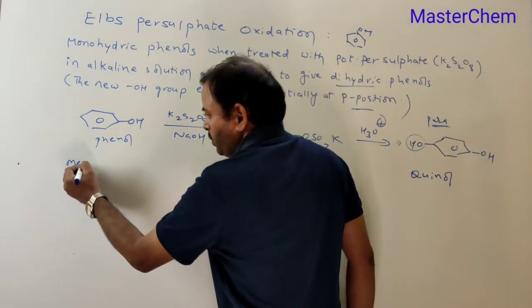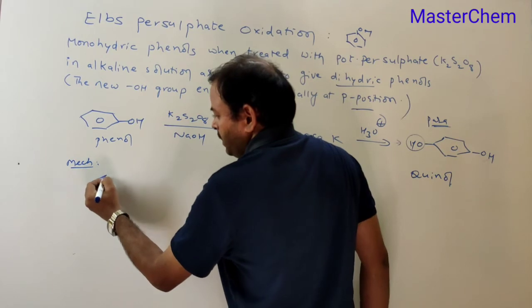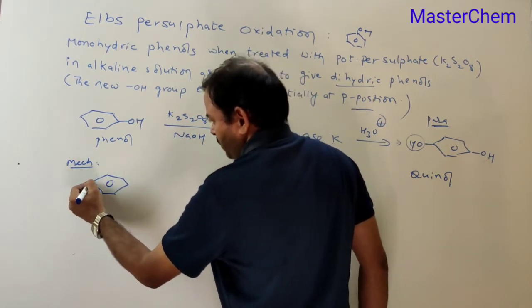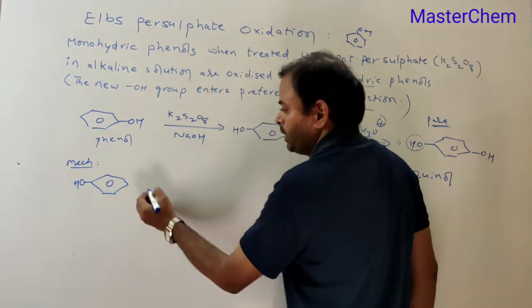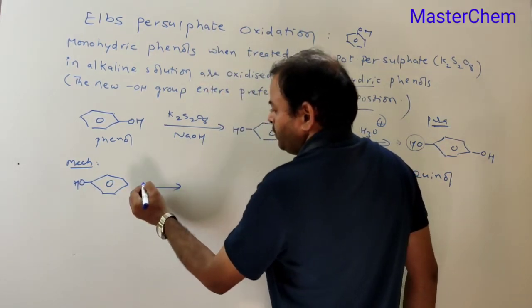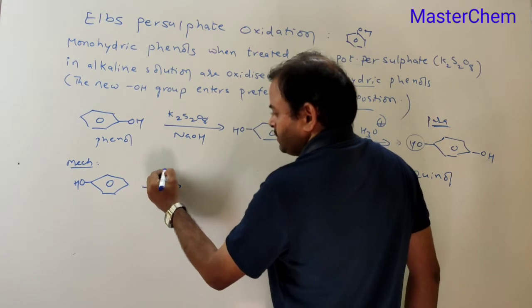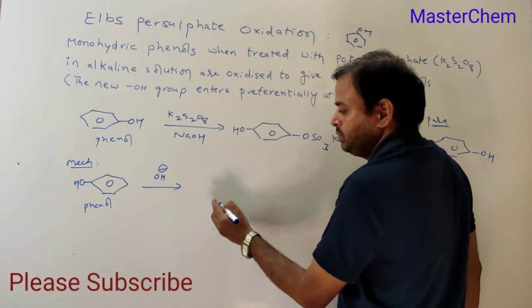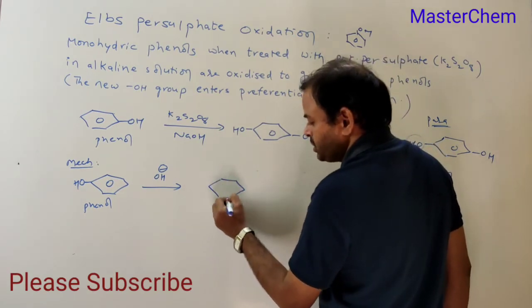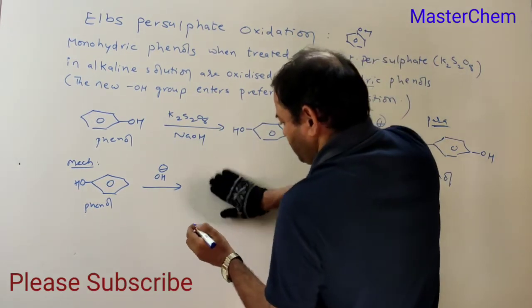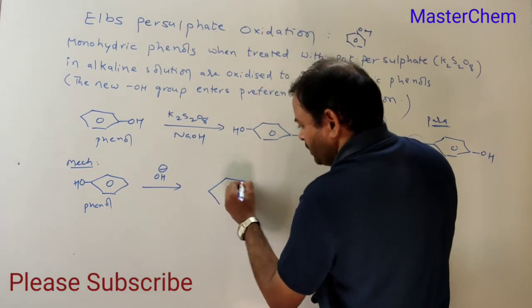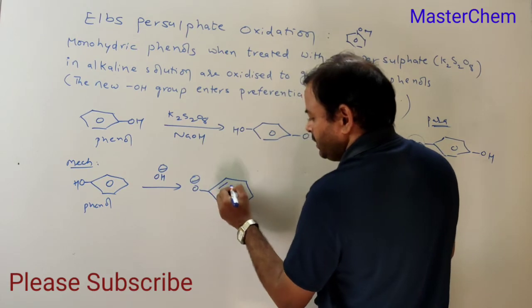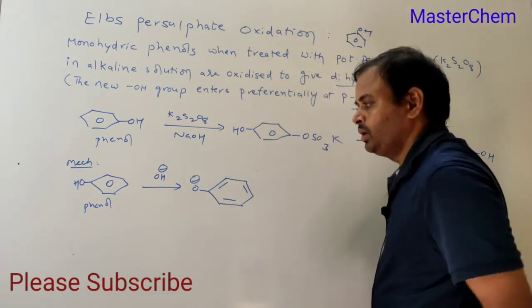Now the mechanism. Phenol with OH minus, in basic condition, becomes the phenoxide ion. Here the bonding is important, so O minus is shown.